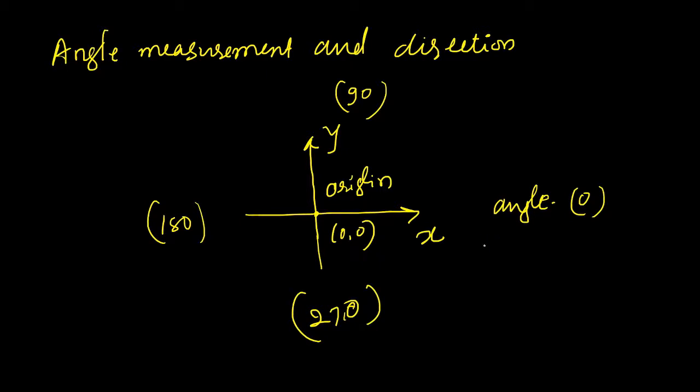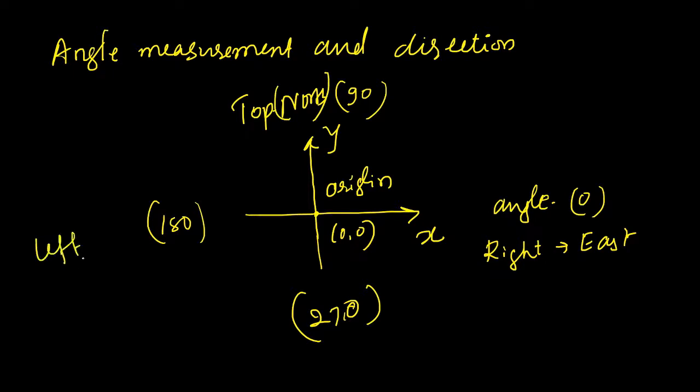Okay. So what I will prefer is this right side treated as the east direction, this top side will be treated as the north direction. On this left side we are going to treat it as the west side, and on this down side we are going to treat it as the south side.